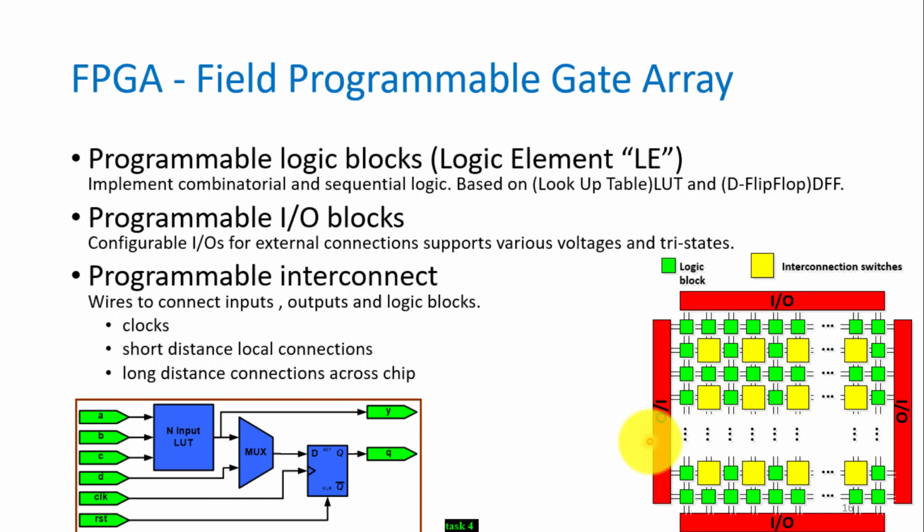Now, the programmable logic blocks are called logic elements, LEs. See, this is a logic block, the green ones. The yellow ones are just interconnecting switches between these green blocks.